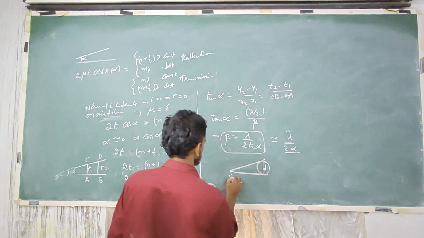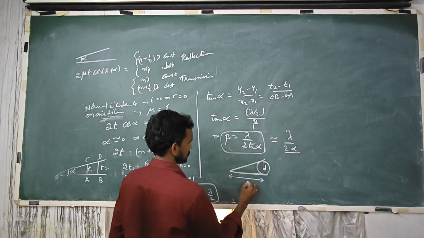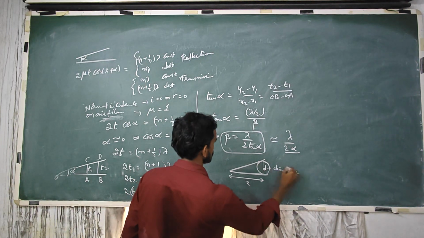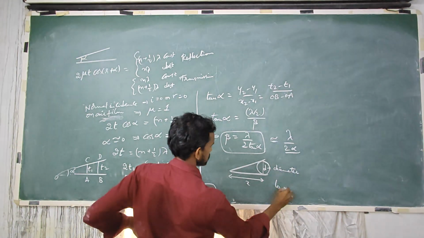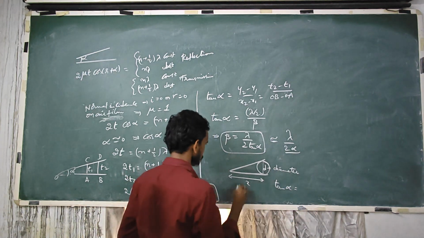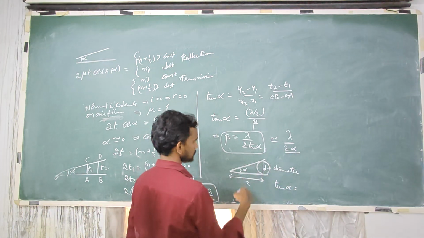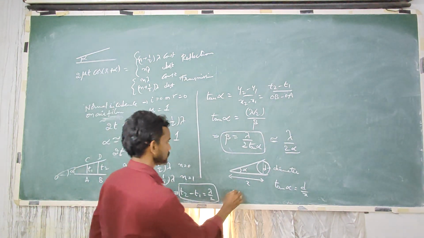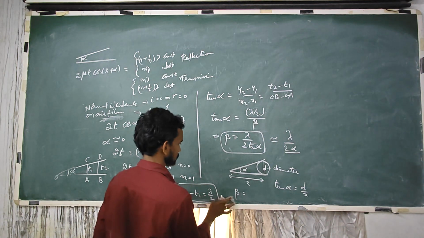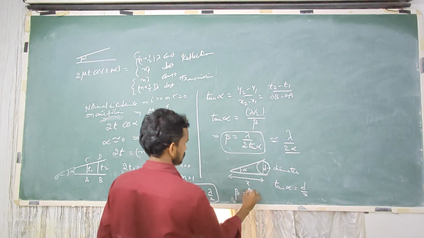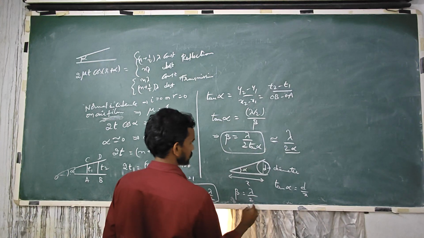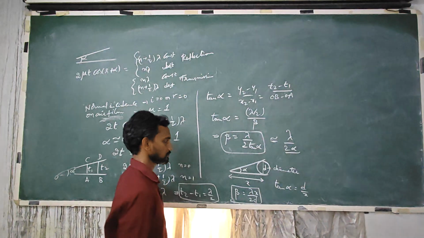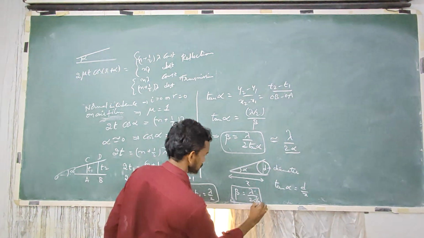Let's say this distance is x and this is diameter d. Then tan theta, or tan alpha, is what? Let's say this is alpha, opposite side by adjacent side. Then fringe width is what? Lambda by 2d by x. Lambda by 2d by x.